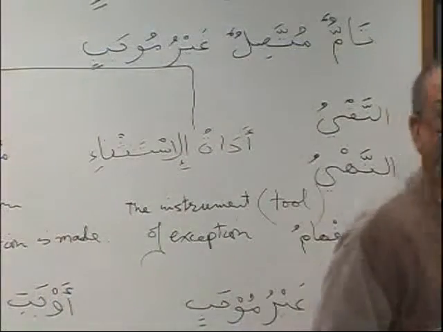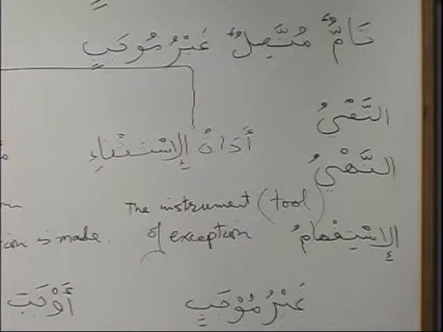Three kinds, which when it is used in the sentence with istithna, illa, will make the sentence ghairu mujabin. Fine, brothers and sisters.